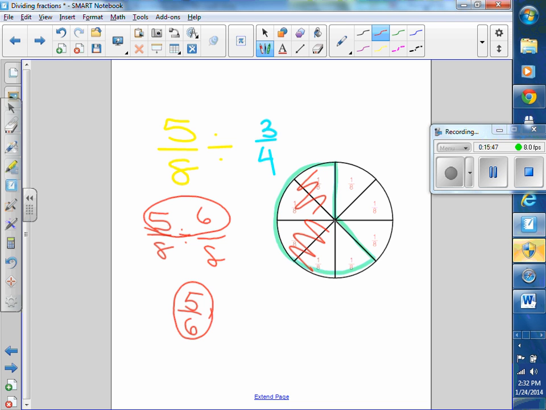So if I look at 3/4, all I know is that I can't fit 3/4 in because 3/4 goes over, huh? But it's pretty close to a whole 3/4, but it's only 5/6 of a 3/4. Yeah, I know you guys, that's weird. That's why we're just thinking about it today.